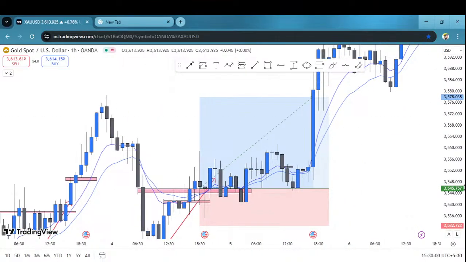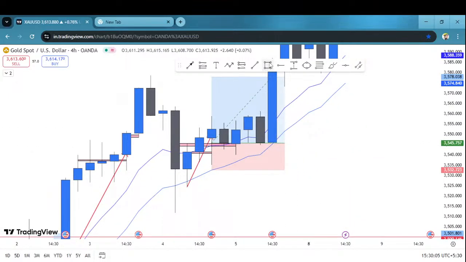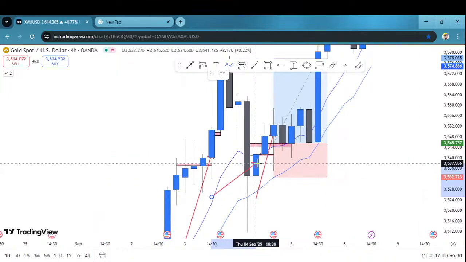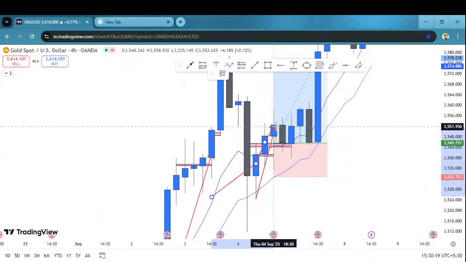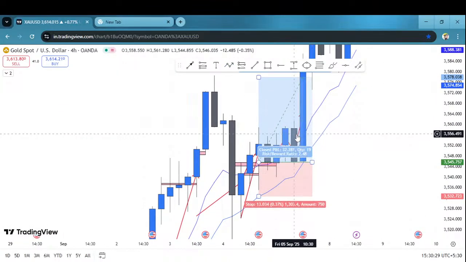Okay, so let me go to 4 hours as well. Here, if you see back to back candles, it's not about the number of candles, it's just the body of the candles. You can see a bullish move, a little bit smaller bullish candle, and then we have a retracement, then a bullish candle, then we again had a retracement, and then boom.